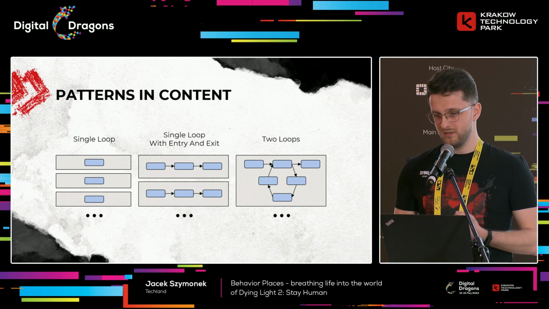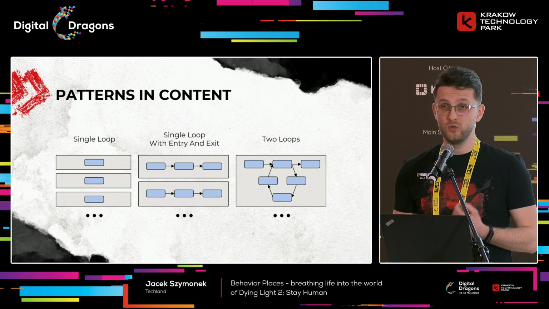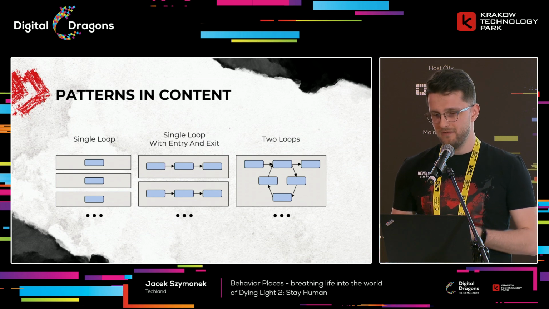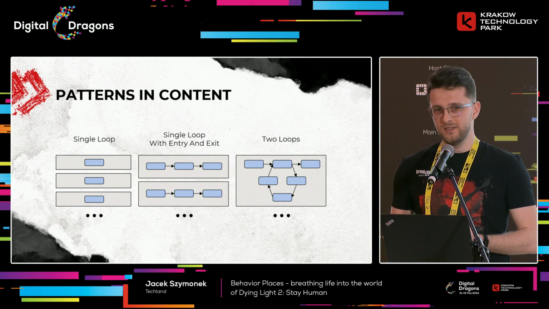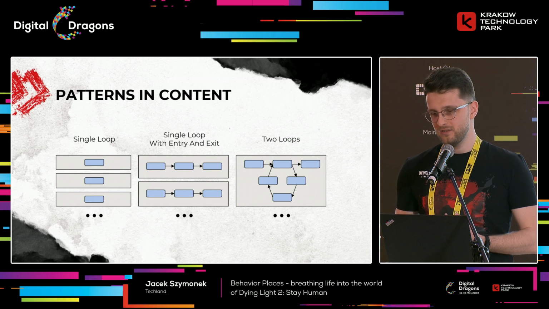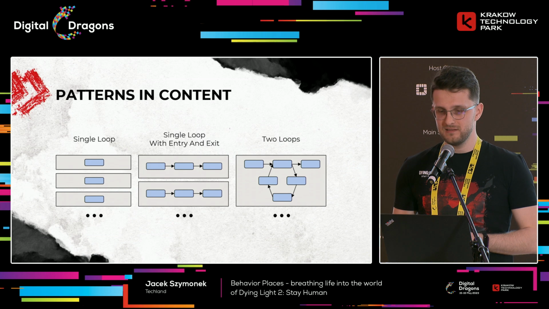The graph structures were duplicated or very similar. We found 3 distinct patterns in the content with only tiny differences. So our memory consumption grew really fast. And also in the early stages of development, we needed a way to apply a global change to all the graphs, which was a tedious job for so many assets.